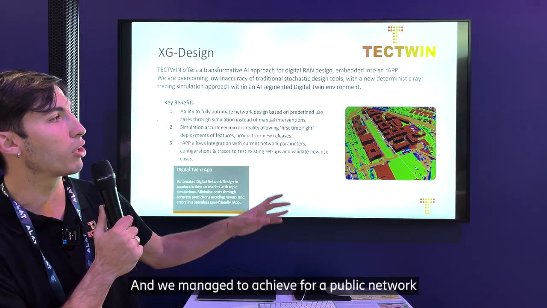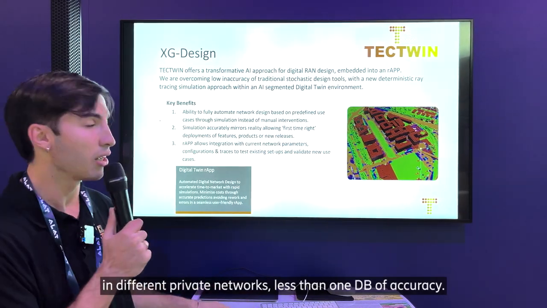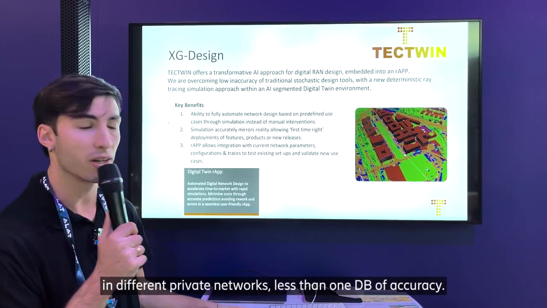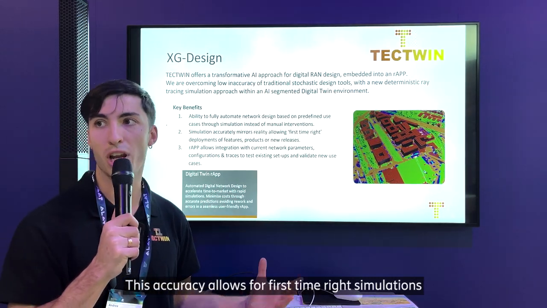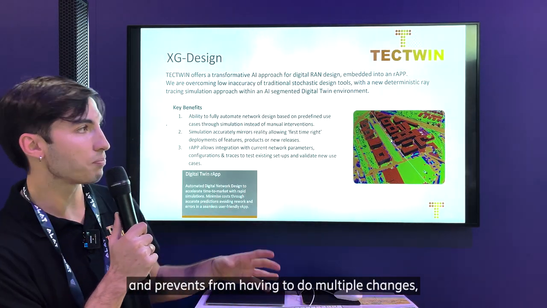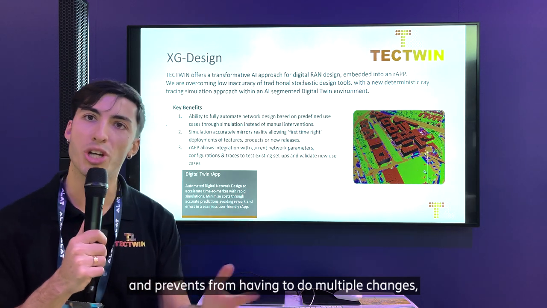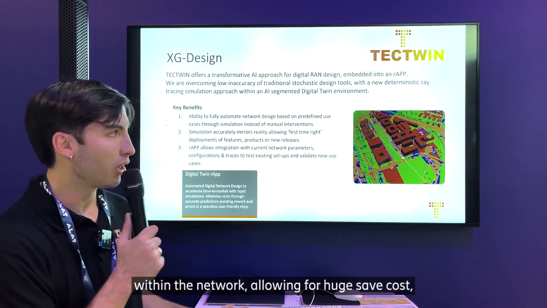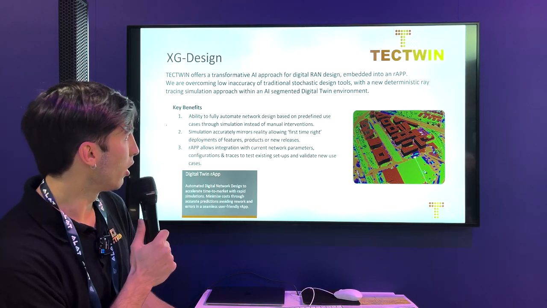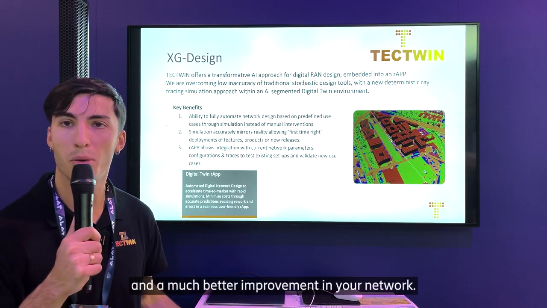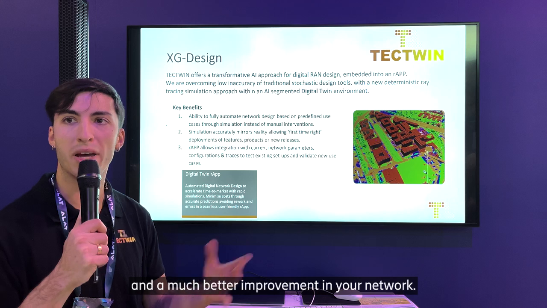And we managed to achieve, for a public network and different private networks, less than 1 dB of accuracy. This accuracy allows for first-time right simulations and prevents having to do multiple changes within the network, allowing for huge cost savings and a much better improvement in your network.